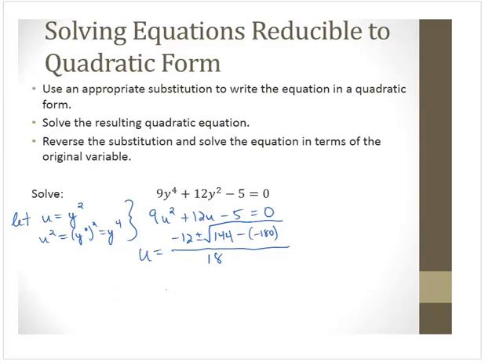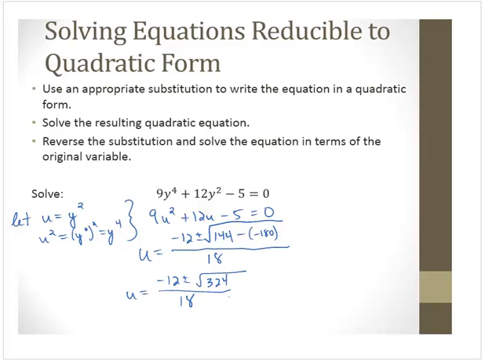So then u would equal negative 12 plus or minus the square root of 144 plus 180 is 324 over 18.